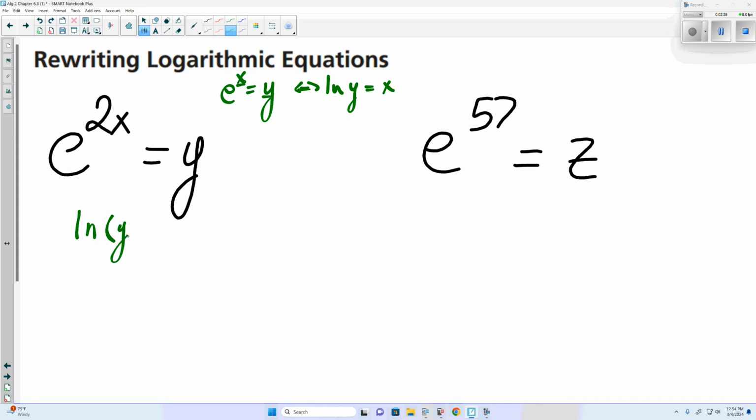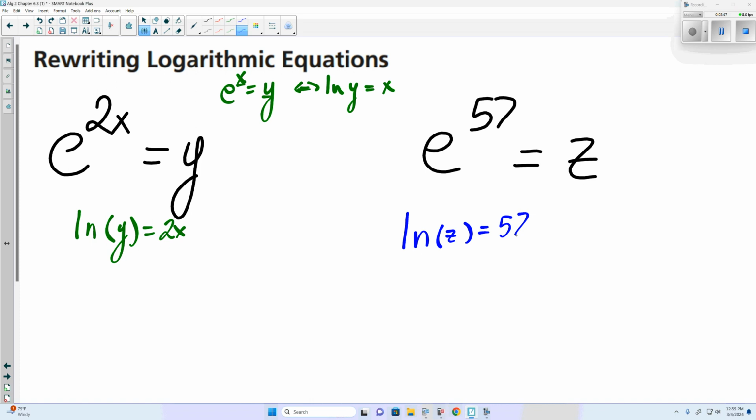So ln of y equals 2x. Now that seems a little weird, especially since x and y are in the general form. Here we have e to the 57 equals z. ln of z equals 57. Yep, that's it.